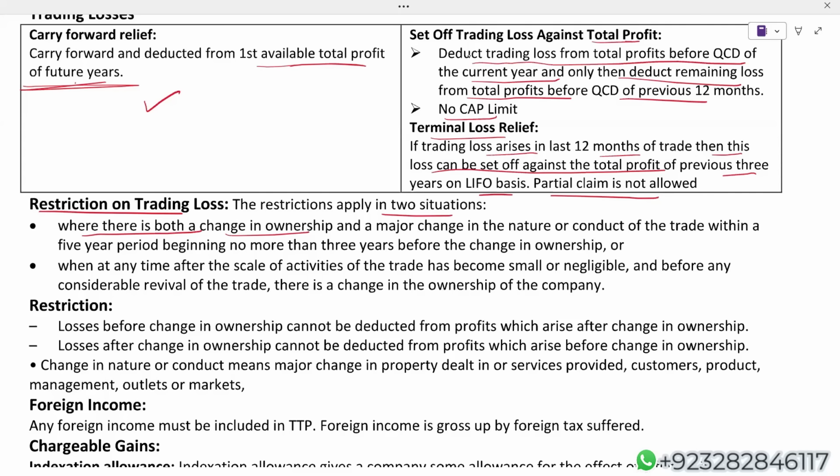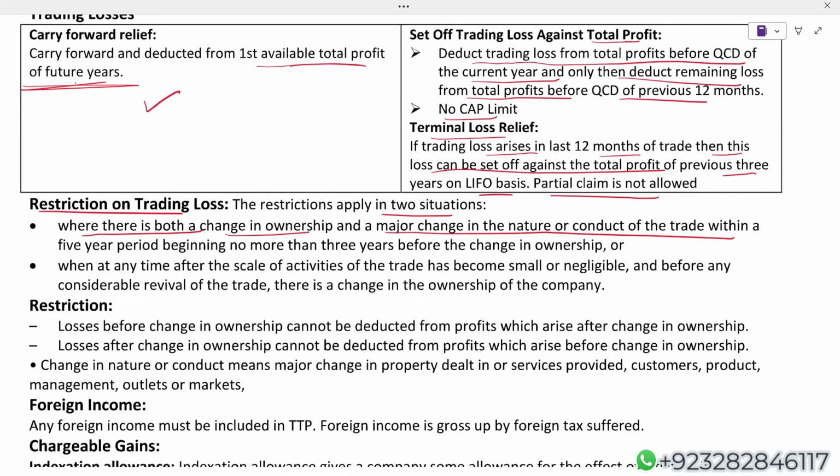Assuming A Limited has acquired B Limited. A has got more than 50% holding in B Limited, number one. Number two, the parent says that B Limited was not trading, was not doing business in, let's say, Sri Lanka.